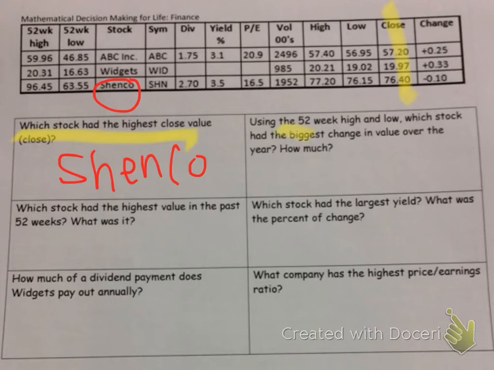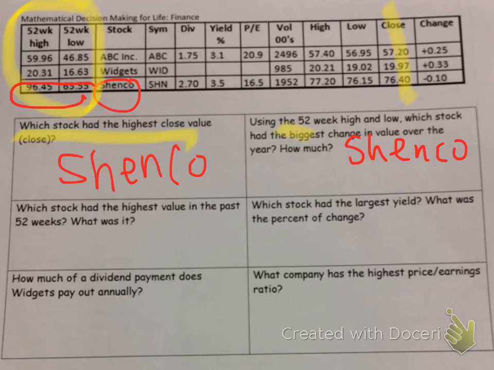Using the 52-week high and the 52-week low, which means I'm looking at these numbers over here, which stock had the biggest change in value over the year? So what I would actually have to do is subtract those to see which stock had the biggest change. It's fairly simple to see that right off the top. Those two have the furthest amount of difference between the two numbers. So it's going to be Shenco again on the biggest change. It actually asks you to find the change in those differences.